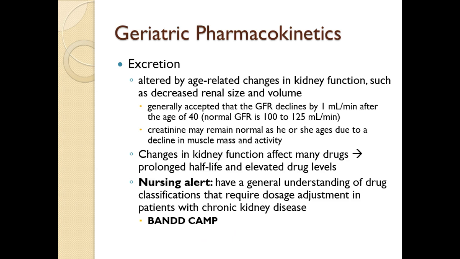Because they will also have age-related changes in kidney function, their GFR will decline. And so this could result in prolonged half-life as well as elevated drug levels, so potential for toxicity. Also, there are some drugs that require dosage adjustment, and the mnemonic for this is BANDCAMP, especially if your patient has chronic kidney disease.